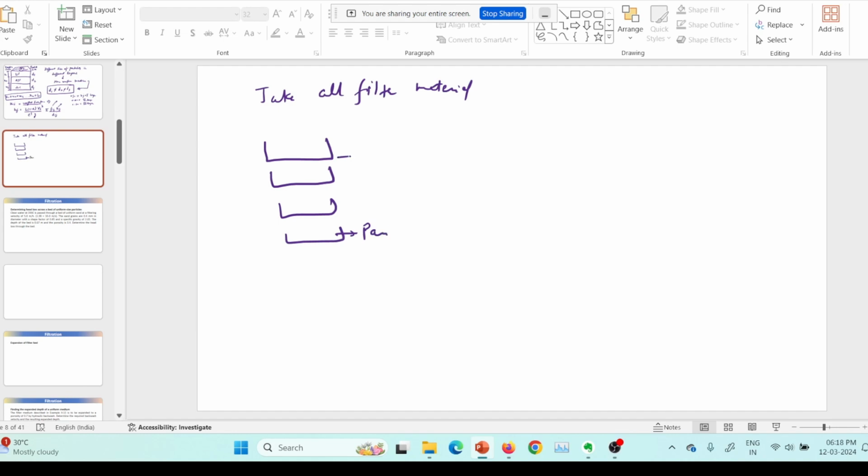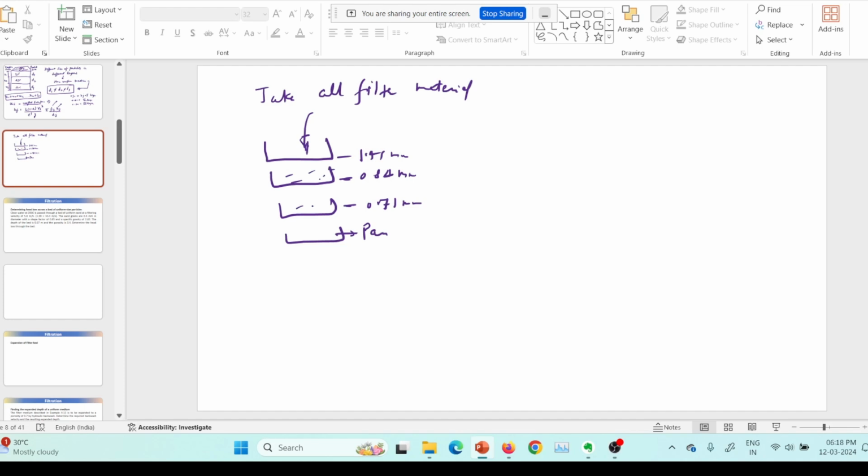Let's say the sieve sizes are 1.41 mm, 0.84 mm, then 0.71 mm. We will pass the filter material through these.